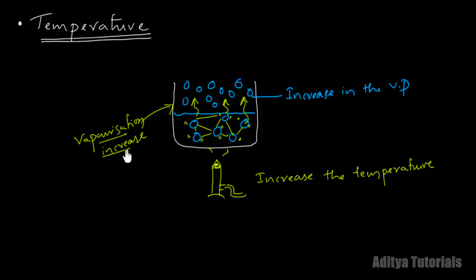Why does vaporization increase? Because when you heat a liquid, the molecules gain kinetic energy, and due to that kinetic energy they escape the solvent or the solution. Hence, there is greater vaporization. If there is greater vaporization, a greater number of vapors are present above the liquid surface that exert a greater vapor pressure.